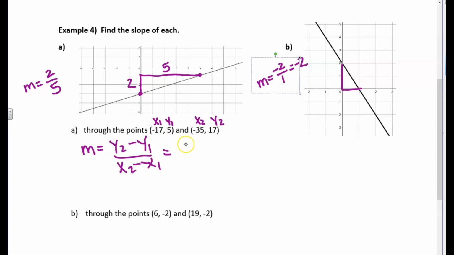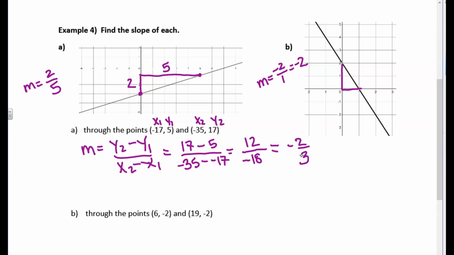So here y2 is 17 minus y1 is 5 over x2 is -35 minus your x1 of -17. I end up with 12 over, that ends up being, no, I'm wrong, 12 over -18, which will actually reduce. 6 goes into both, so I get -2/3 as my solution there.